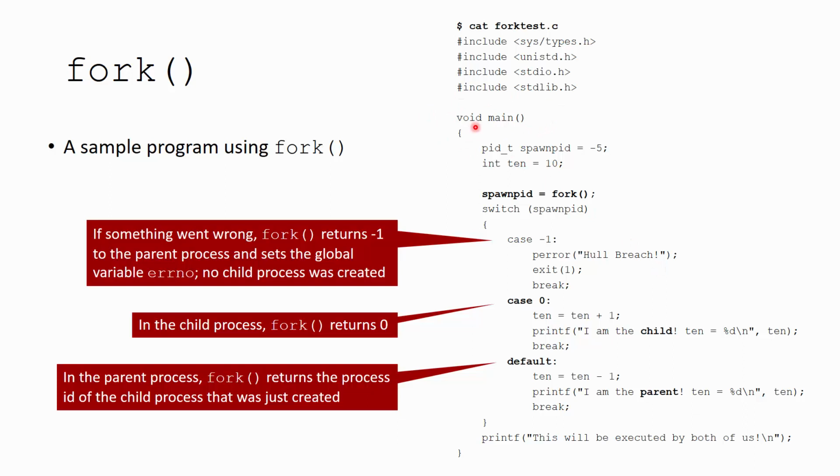So we start up our main function here, and we're going to declare basically an integer, but it is stored as a pid_t. This is where our process ID is going to be stored.